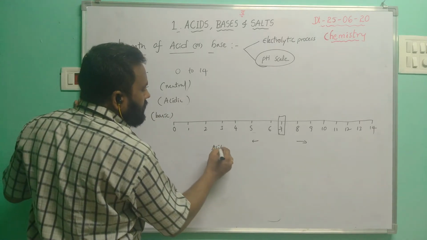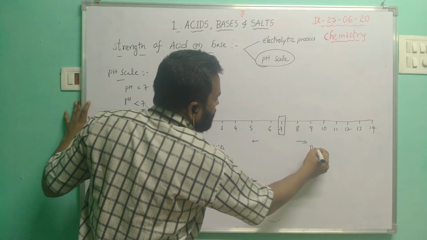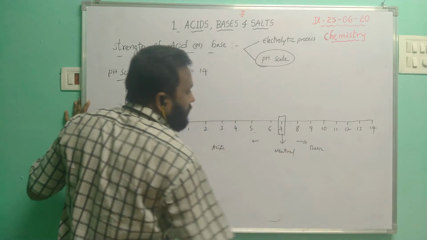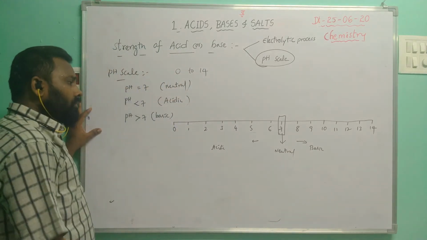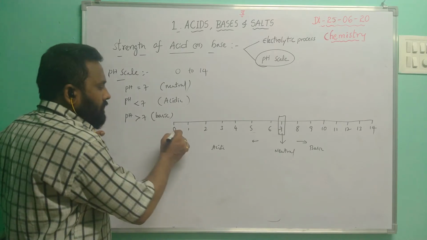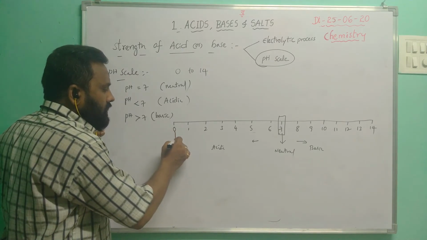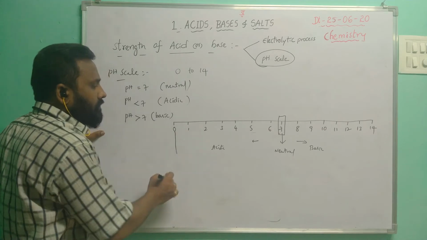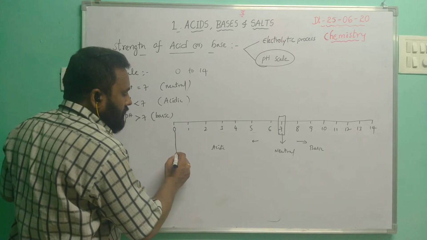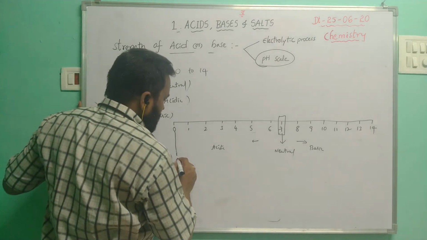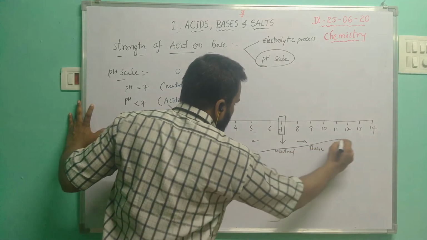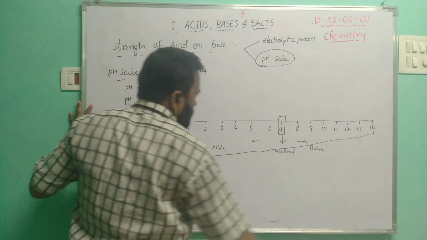This is the acidic nature, this is the basic nature, this is the neutral. Here pH equal to 0 means it has more H plus ion concentration. So H plus ion concentration decreases when you move from left to right.